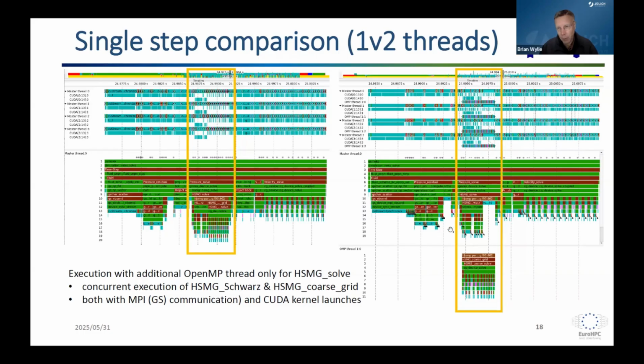So although there was a slight gain in performance for the pressure solve itself, the parts of the code outside of the pressure solve actually executed marginally slower. And so overall, there was very little benefit from, in this case, exploiting two cores using two threads, as opposed to executing everything with just a single thread per process.